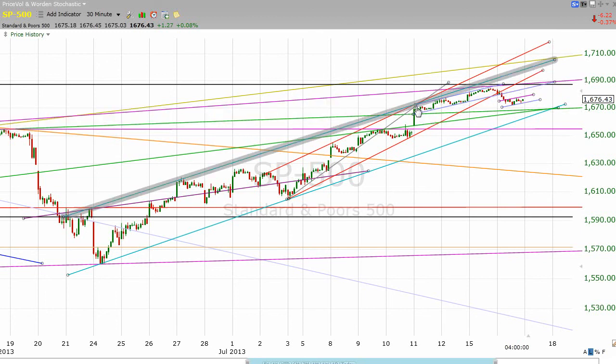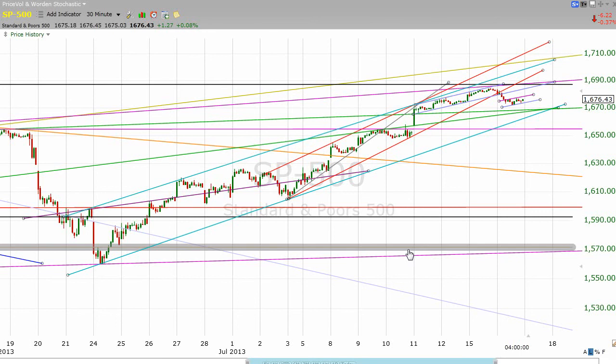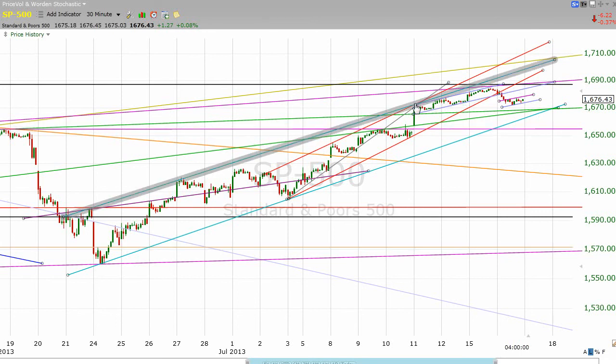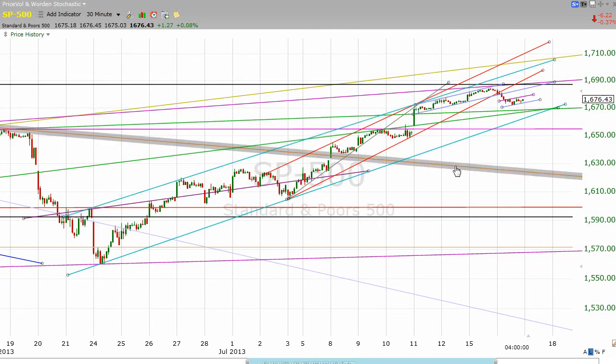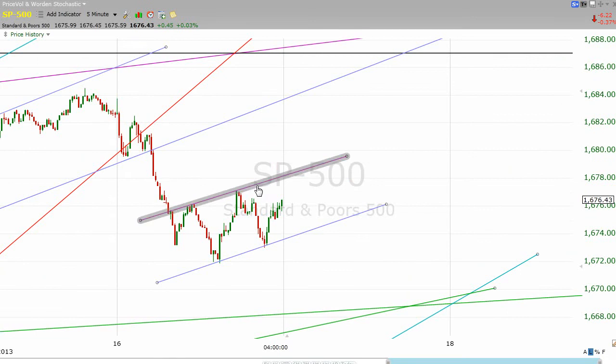So I believe we can now refine this upper line just a bit, by saying that where we encountered that top line early on the 11th is technically important. So there you go. Let's watch that little pattern right here.